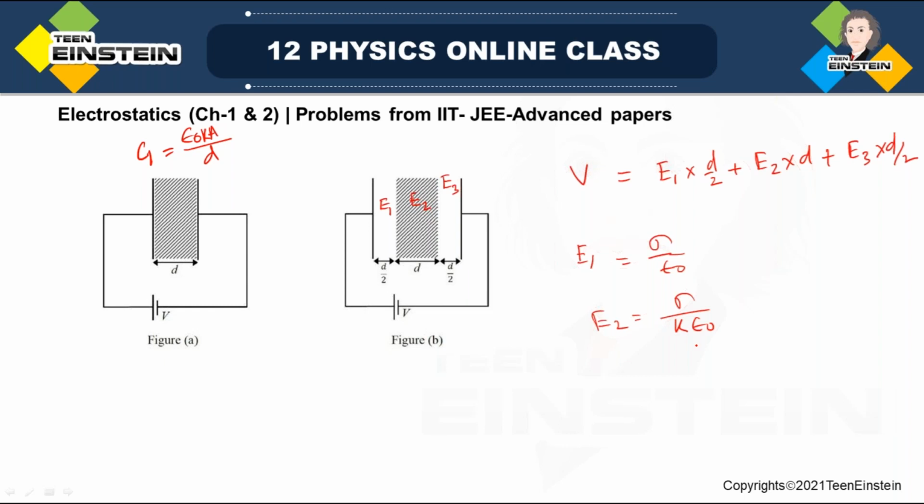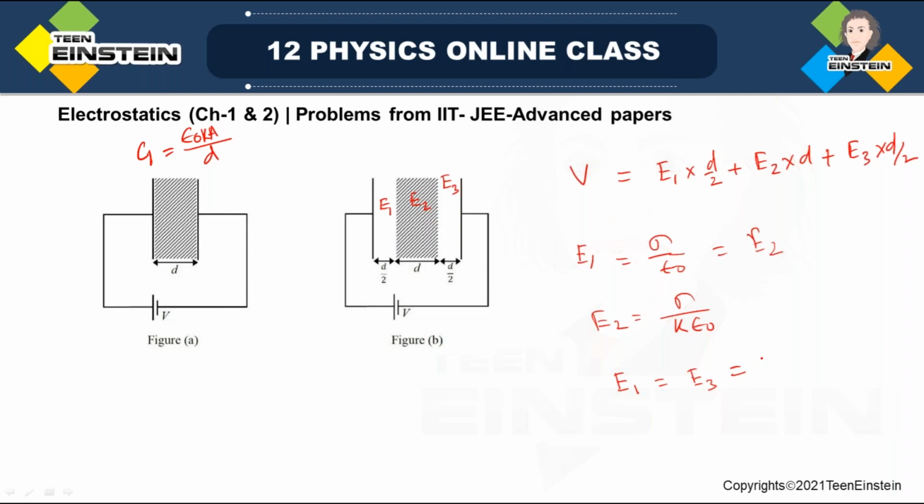Therefore, the electric fields E1 and E3 are equal because both are in vacuum or air.